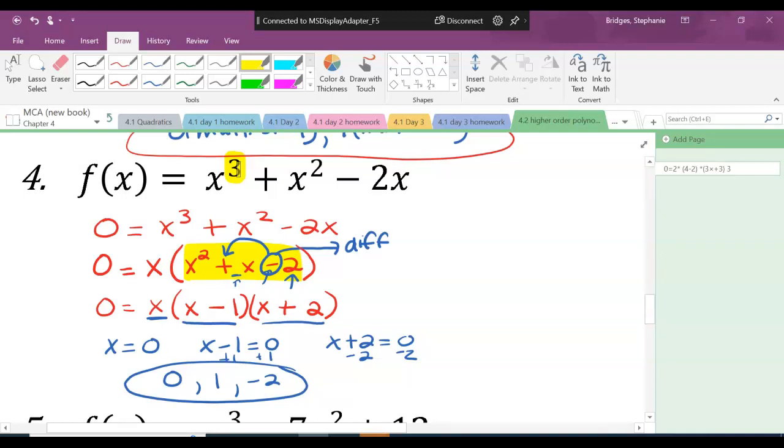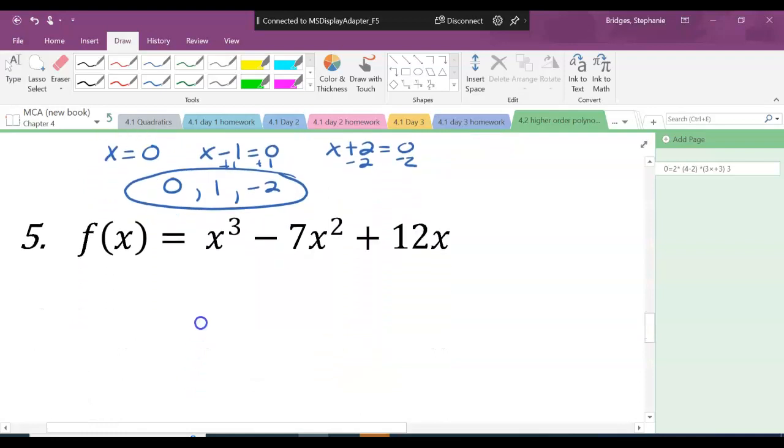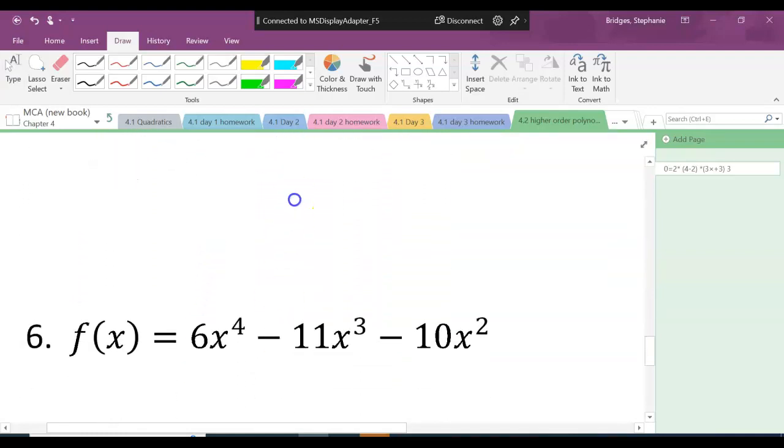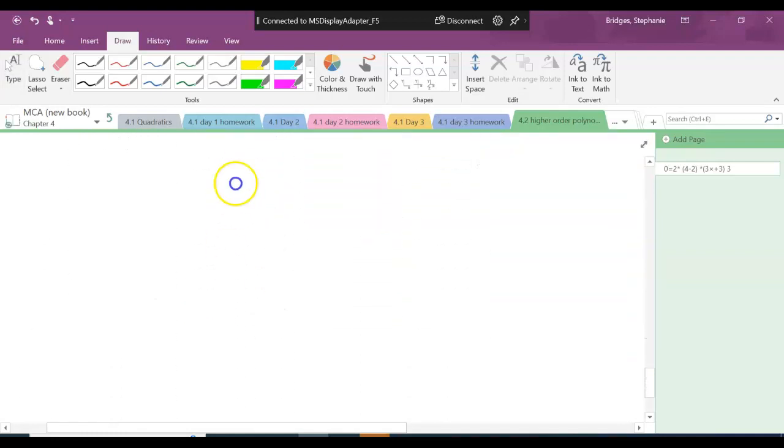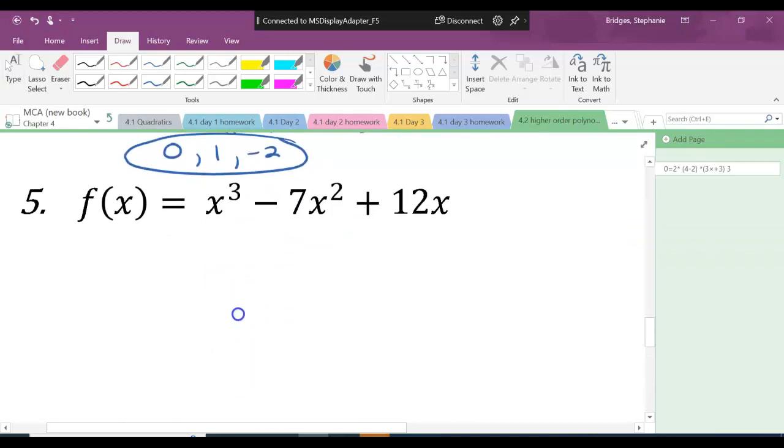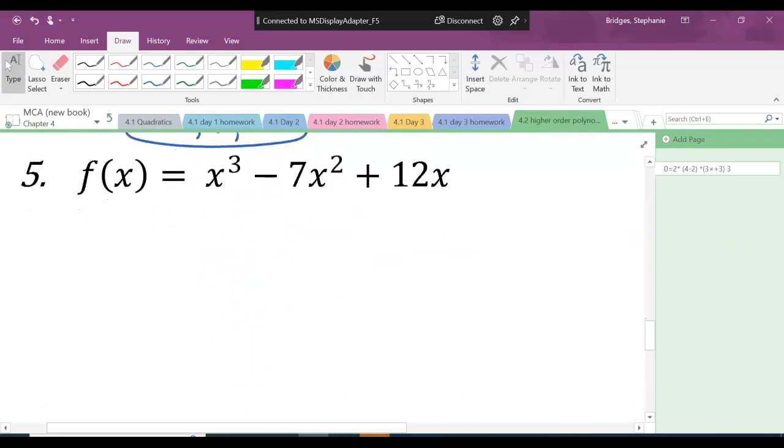So are we good with that? Right. Try this one. Okay, I just wanted to see what I got. Try that one. Very similar to number 4.